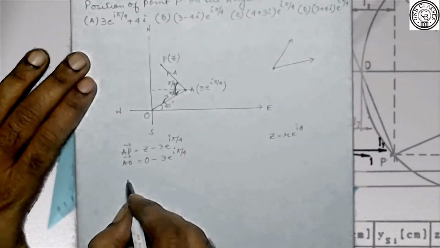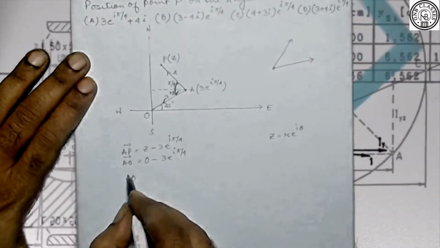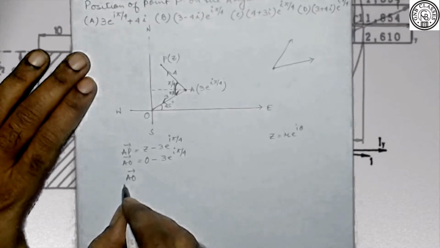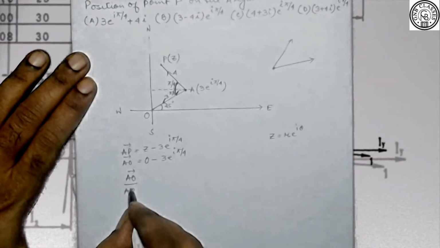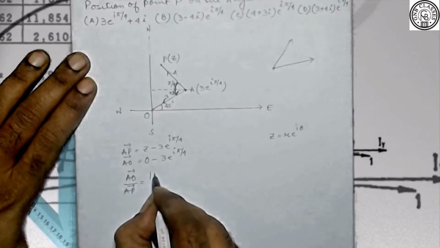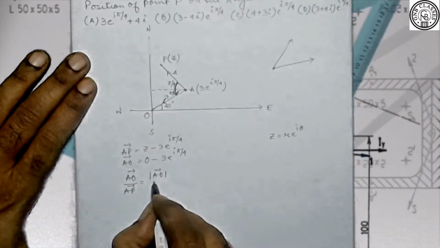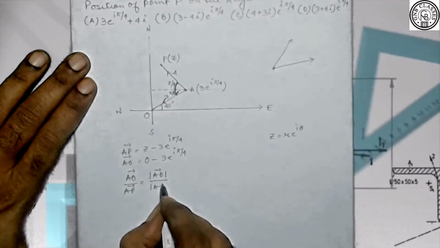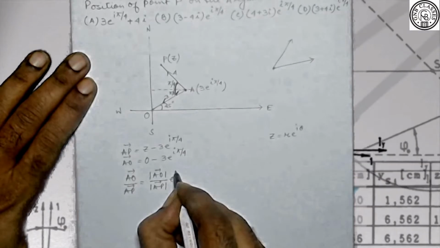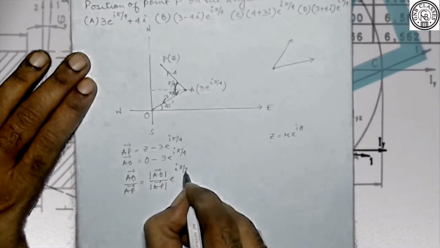Okay, now, if I apply Cony's method at the point A, then what are we going to have? So it will be AO vector by AP vector equals mod of AO vector by mod of AP vector e to the power iota pi by 2.